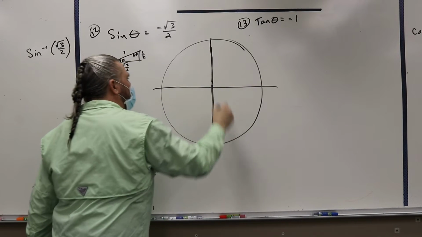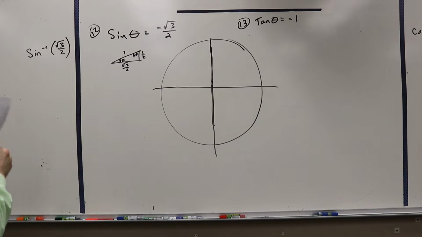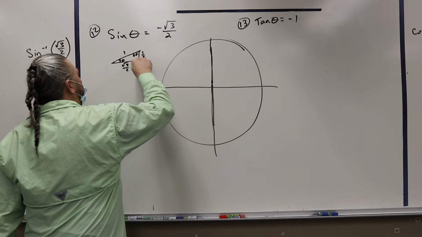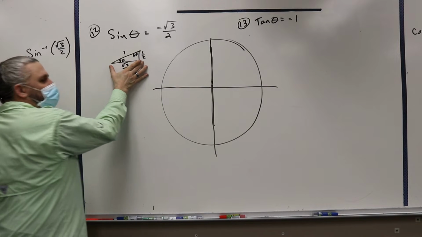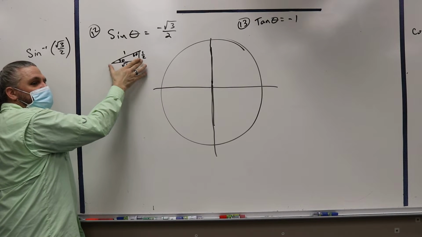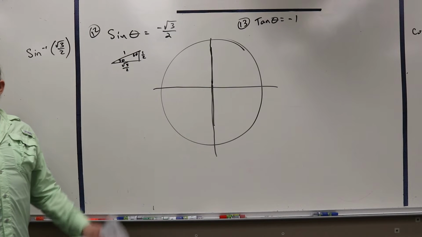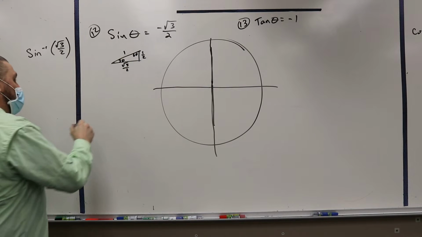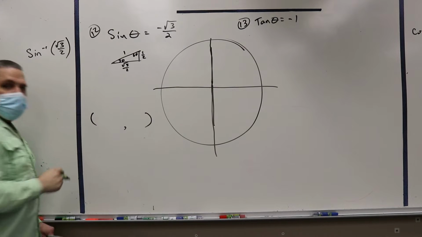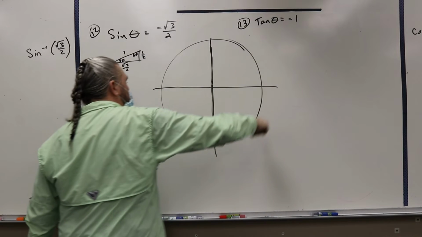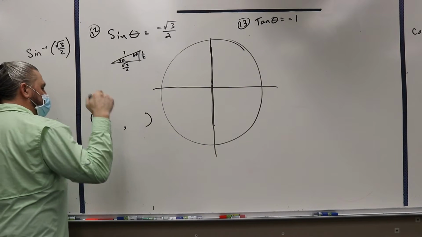When I look at this unit circle, I want to think, when is this side negative? And remember sine versus cosine, when we're thinking about the point on the unit circle. What was sine?